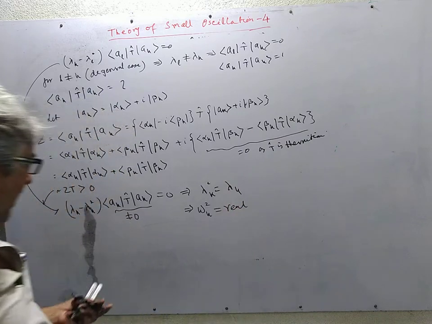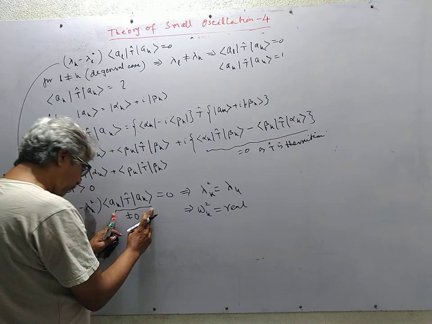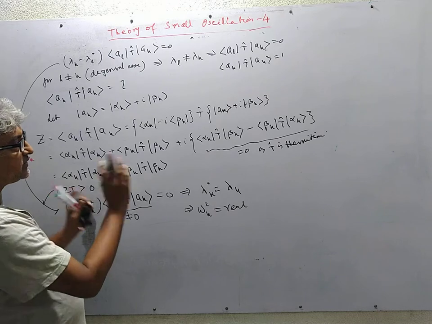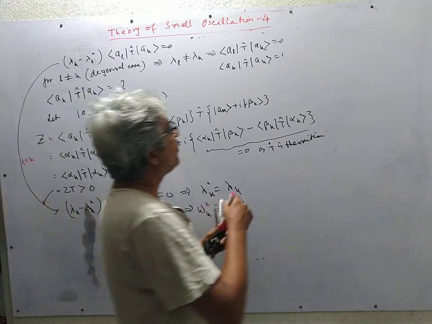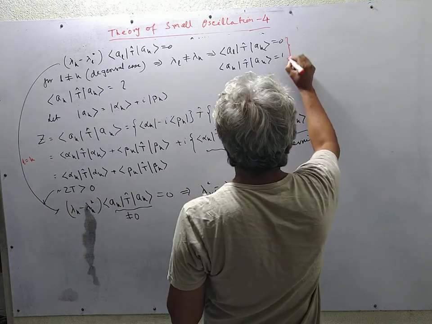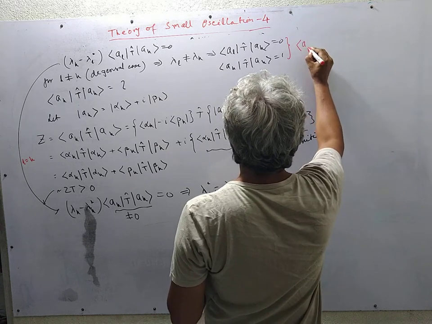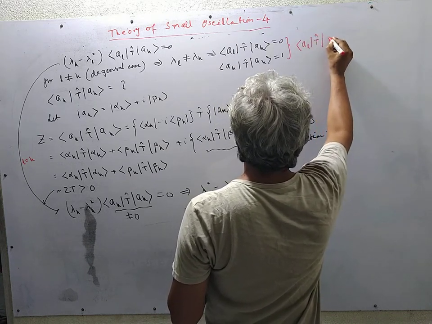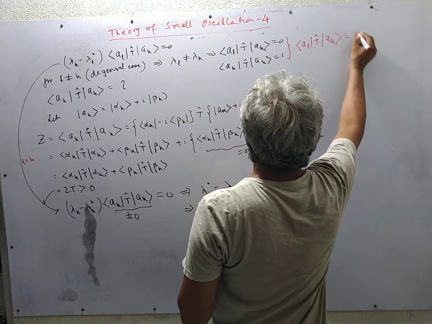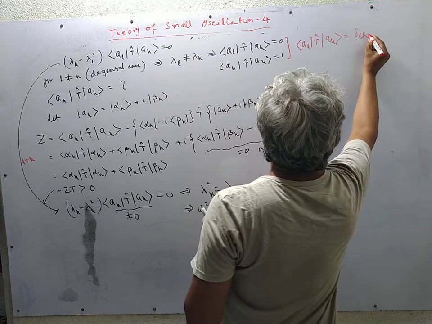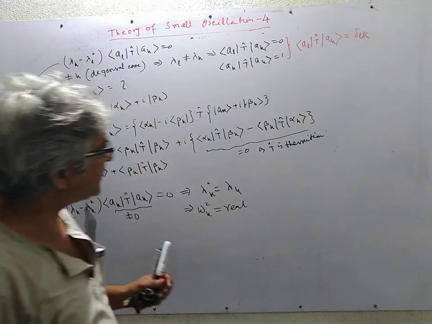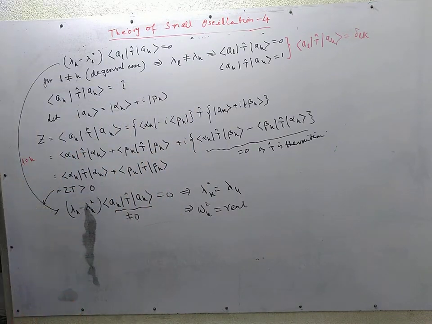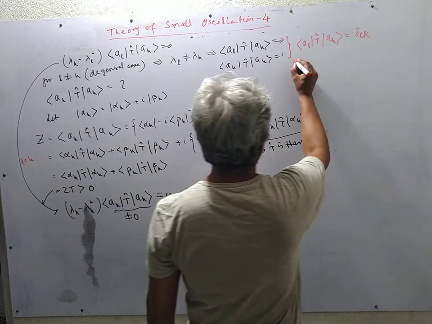We may define this, because this quantity is a finite quantity, and we can set it as 1, so that these two equations combinedly read as a_l^T T a_k is equal to delta_lk. This is a very important relation, and this replaces the normalization condition that we are used to in the case of matrix eigenvalue problem. So this is known as the normalization condition.